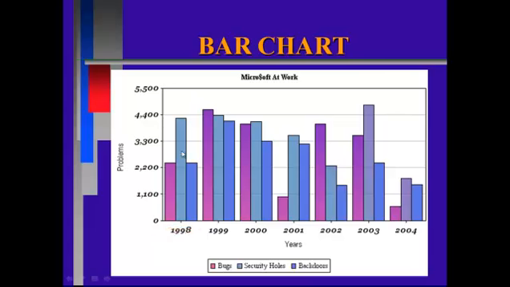The light blue bar here is for security holes. And the dark blue bar here is for backdoors. So you see that in 98, they're comparing all three of these types of data. And you see that it's the same in 1999 all the way up through 2004.